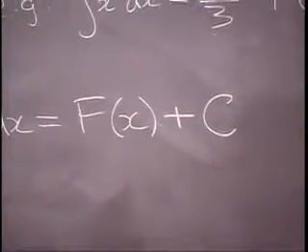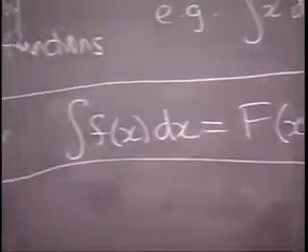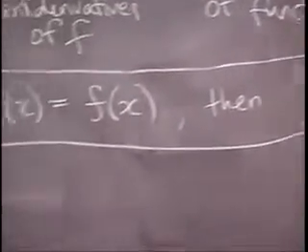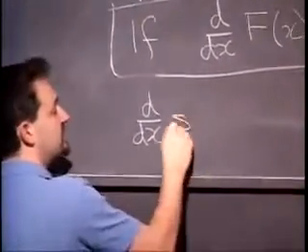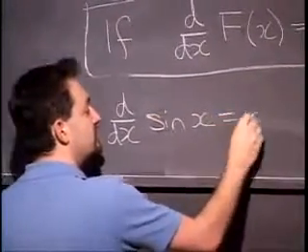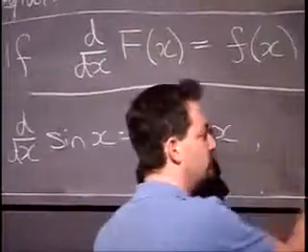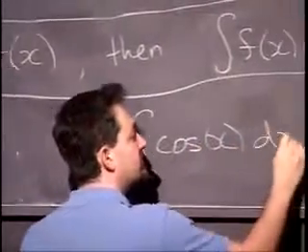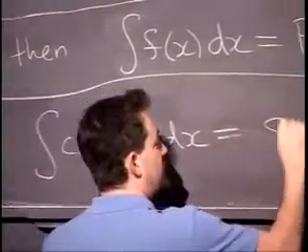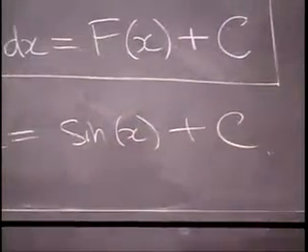That is nothing more than the definition of antiderivative, and yet it's amazing how useful it actually is. So for example, we know that the derivative of, say, sine x is cosine x, which immediately allows you to reverse this and say the integral of cosine x is sine x plus a constant.